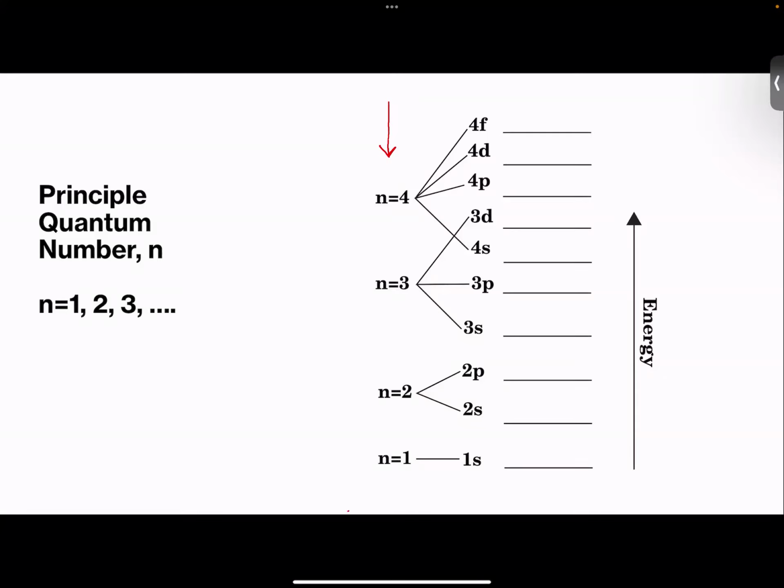And again, what that principal quantum number is doing is describing how far from the nucleus the electron resides.